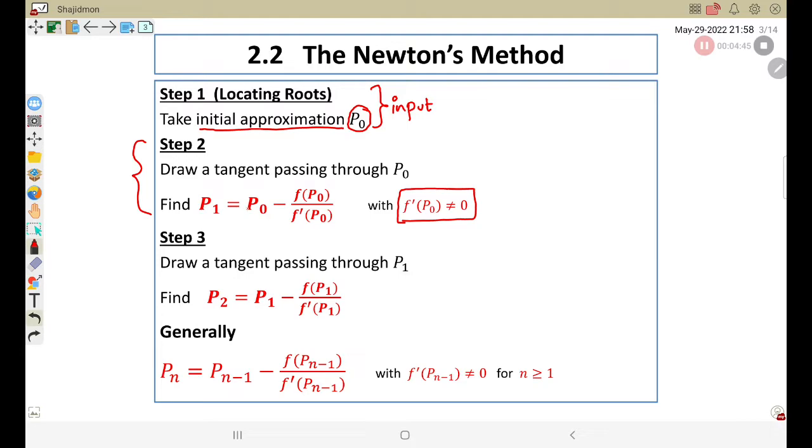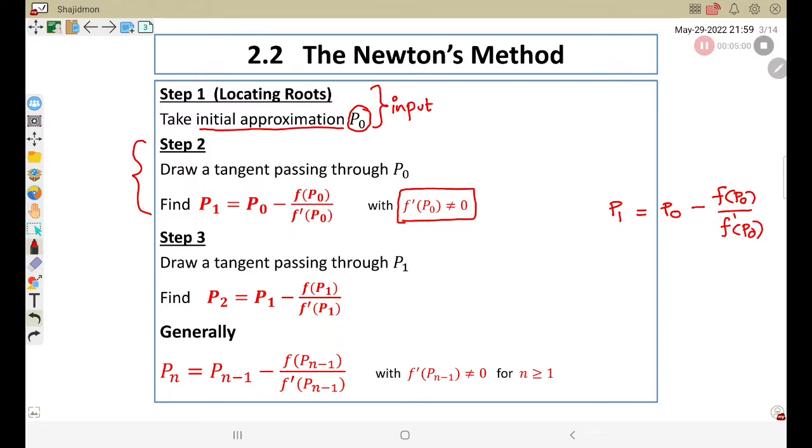P1 means from the previous number: P1 is P0 minus the f value at P0 divided by the f dash value at P0.